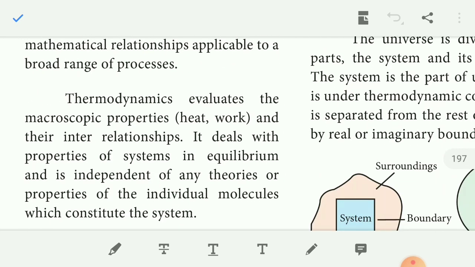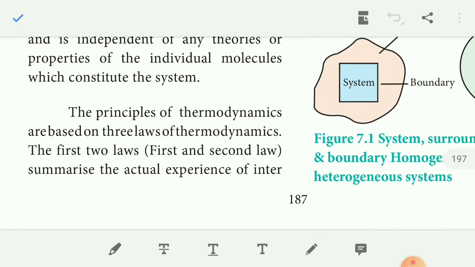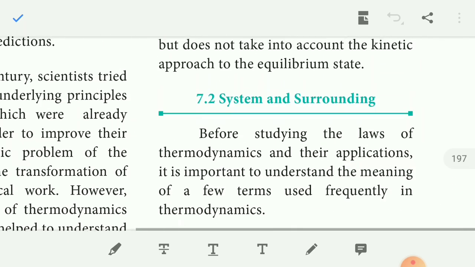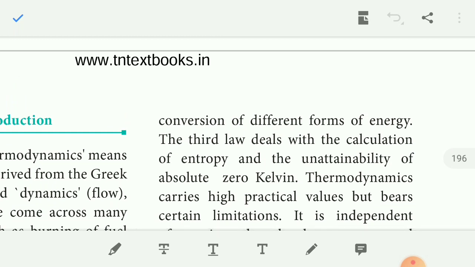Thermodynamics deals with macroscopic properties, that is heat and work, and the interrelations between heat and work. The principles of thermodynamics are based on three laws: first law, second law and third law. The first two laws are based on actual experience of interconversion of different forms of energy.